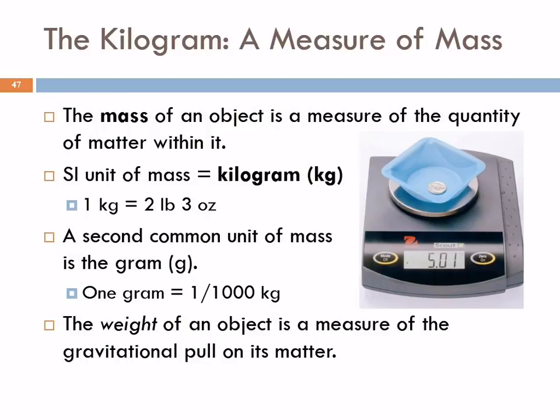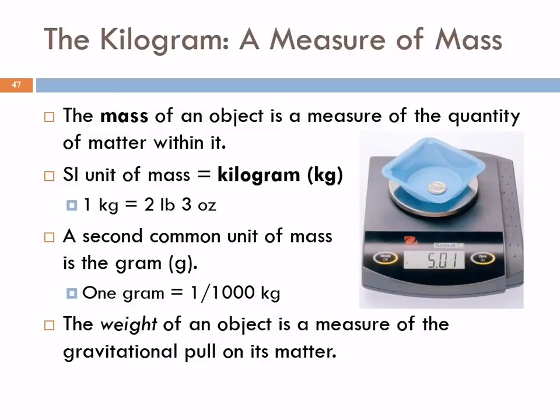A kilogram. This is for measuring mass. Mass and weight are not exactly the same thing. Weight is the pull of an object by gravity. It's a measure of how gravity pulls on an object. So because it's related to gravity, the gravitational field affects your weight.